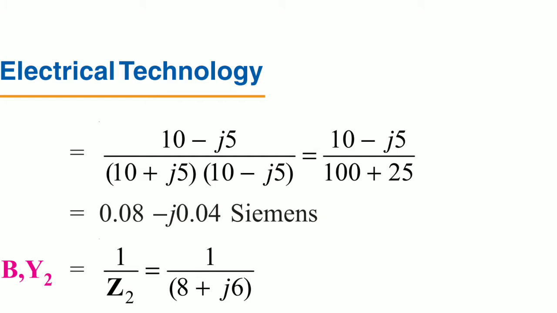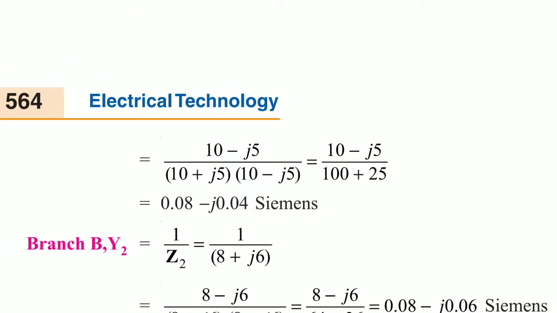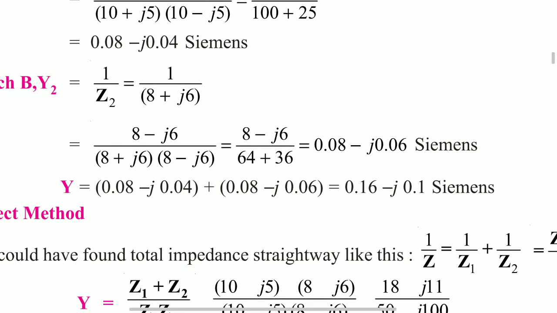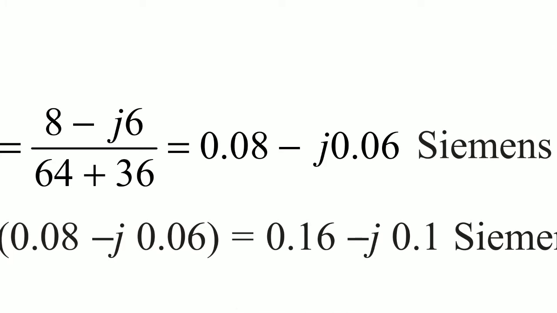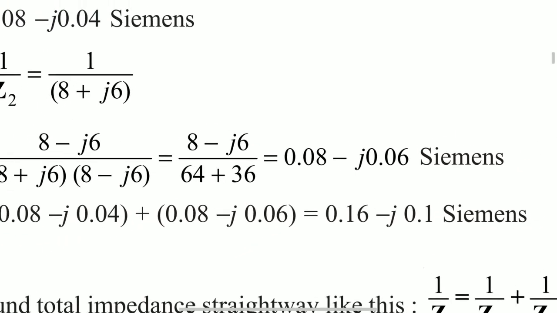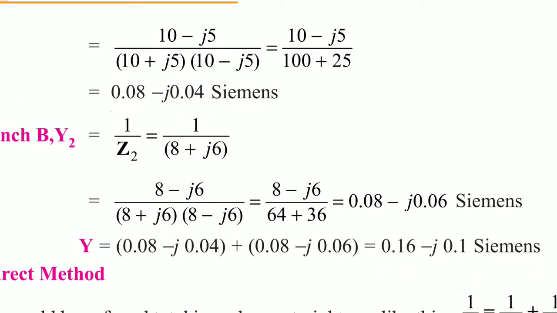This is the Y1. And Y2 is 0.08 minus j0.06. This is the Y2. The above Y1 and Y2 both are added in parallel condition.